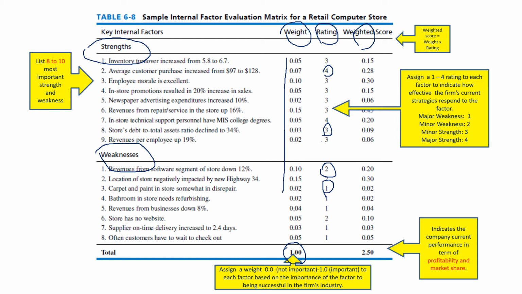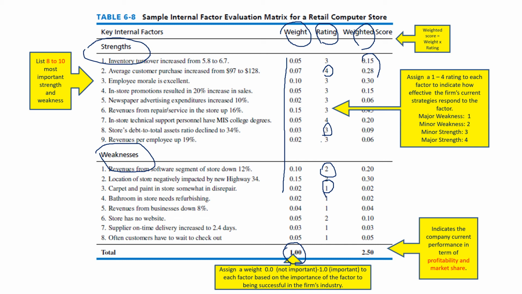So you multiply the weight column by the rating column and you will get the weighted score. So the total weighted score is 2.50, and this score indicates the company's current performance in terms of profitability and market share.